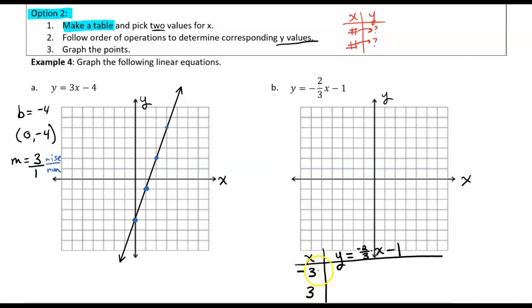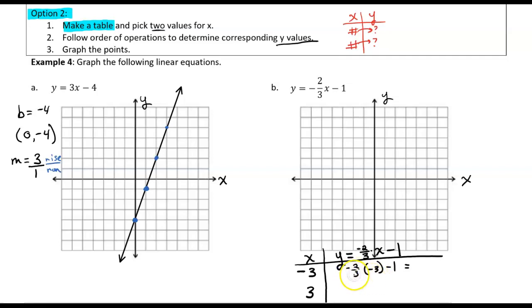So for the negative 3, I'm going to plug that into this x spot of my y equals equation. So the y value is going to equal negative 2/3 times a negative 3, that's the one we chose over here, minus 1. And we're evaluating, so we're finding a number, order of operations.